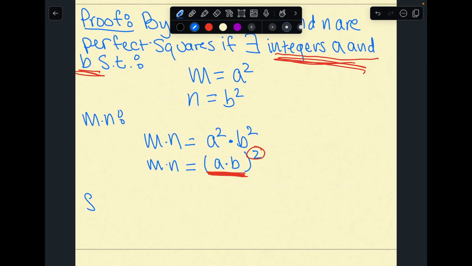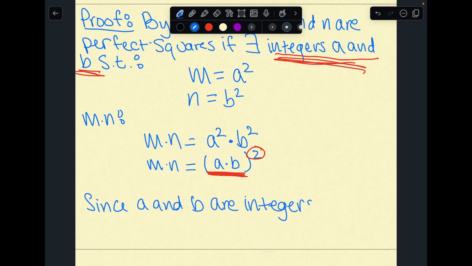So since A and B are integers, it follows that A times B is an integer.